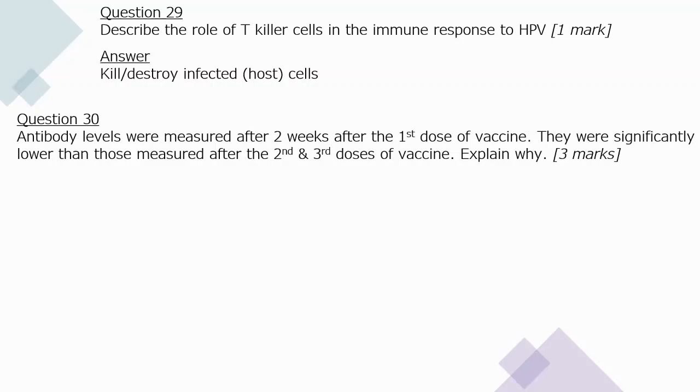But by the second and third exposure, the memory cells are present, they are stimulated to divide rapidly, and so clonal selection and clonal expansion are also faster. So this means that the memory cells differentiate into many plasma cells and they produce antibodies faster and at a greater concentration or in greater numbers. And you can see our answer here.